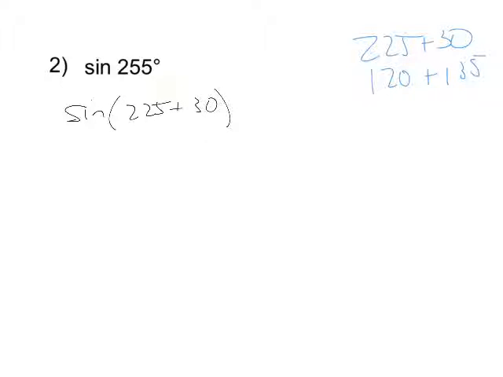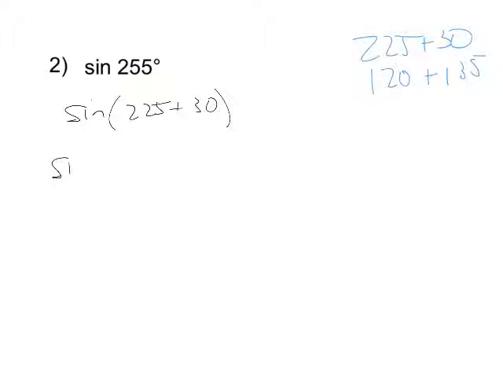So the sine of 225 plus 30, and that's really what you're going to do now. You're going to look at your identities on your blue sheet, and you're going to figure out how you're going to split this up. We're going to expand it.